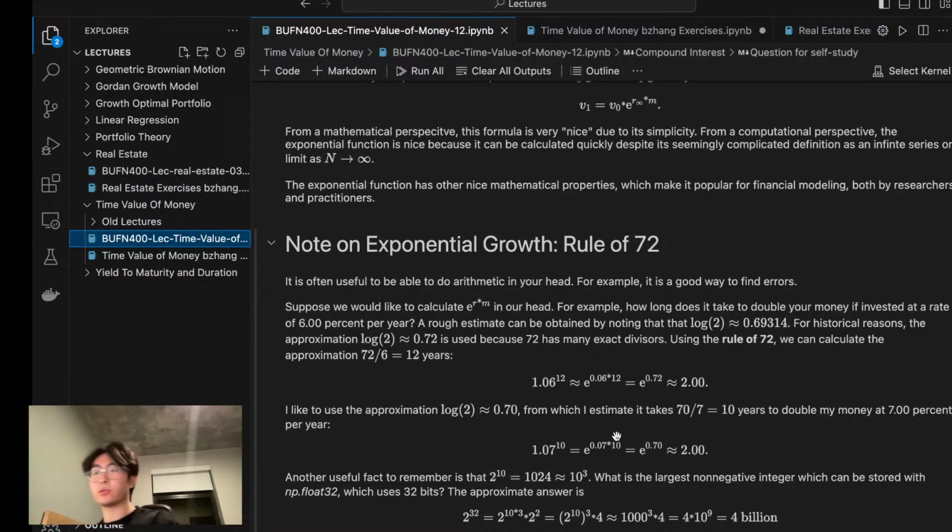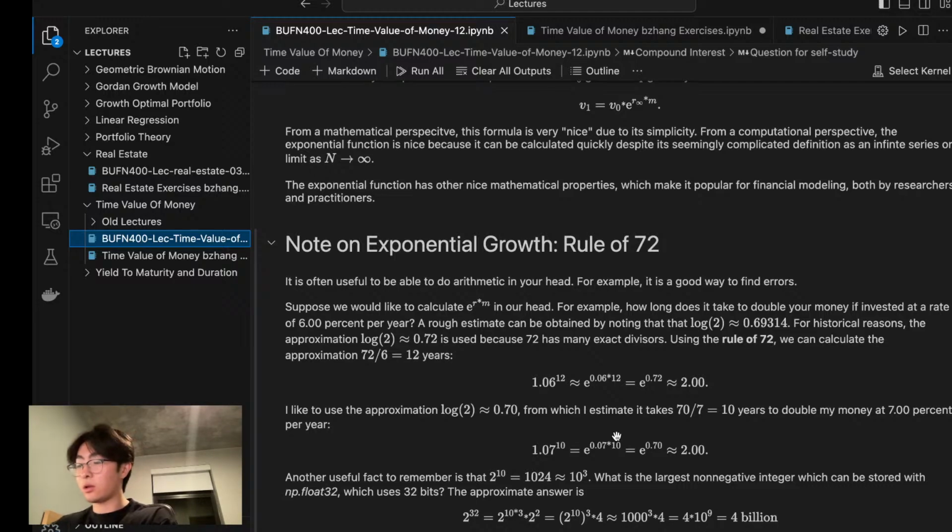Okay. Rule of 72 is actually something I should probably add to my notes on my flashcards. So add what is the rule of 72?